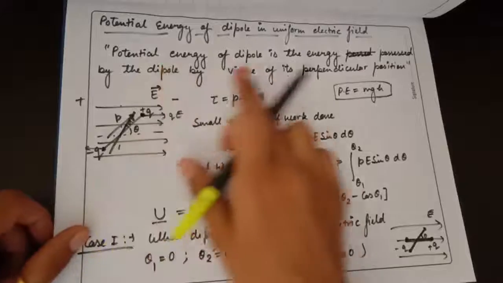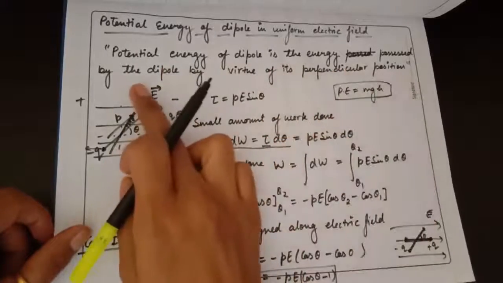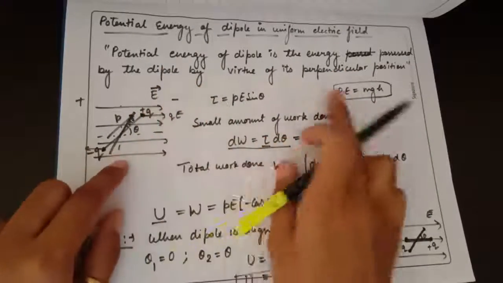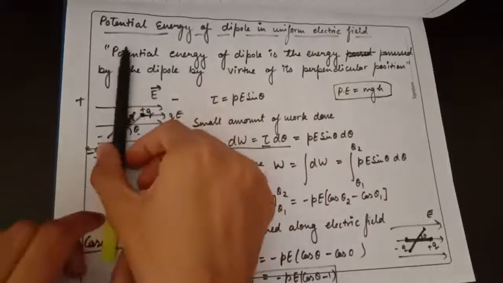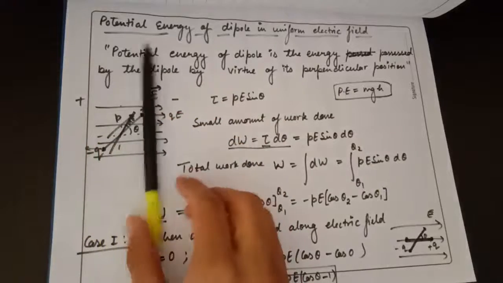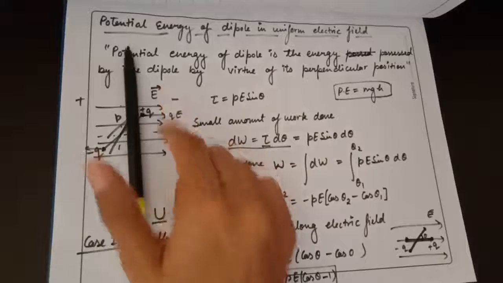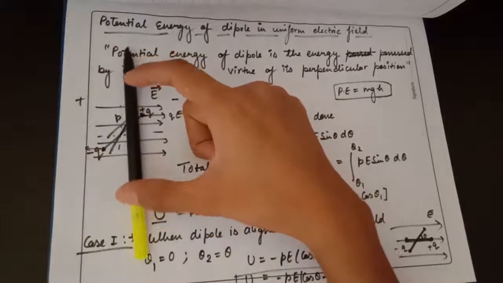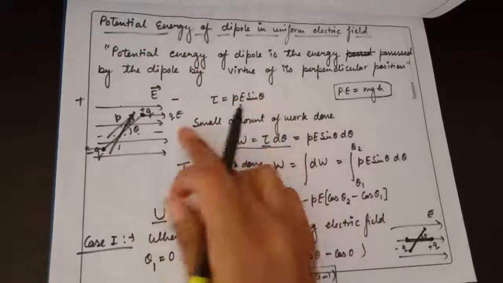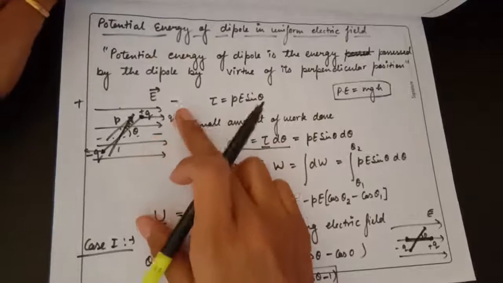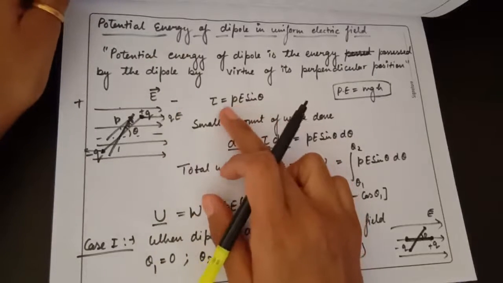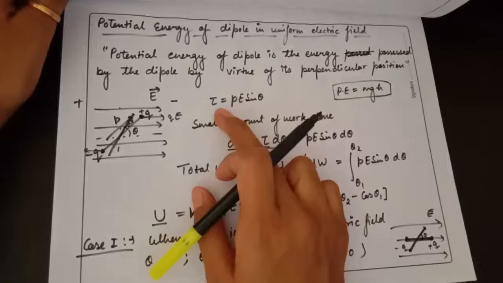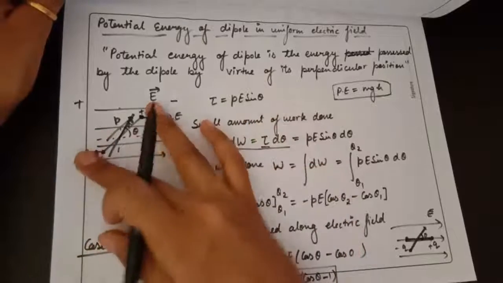Similarly, the potential energy of a dipole is the energy possessed by a dipole by virtue of its perpendicular position, meaning this position. When the dipole is perpendicular to the electric field, the energy of this position is called the potential energy of the dipole.